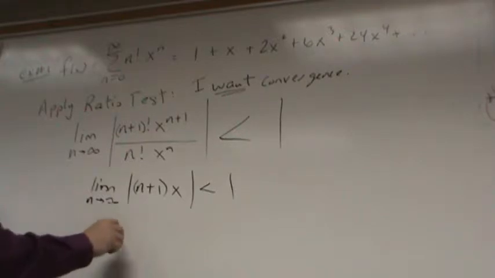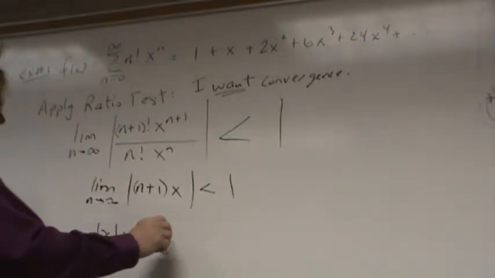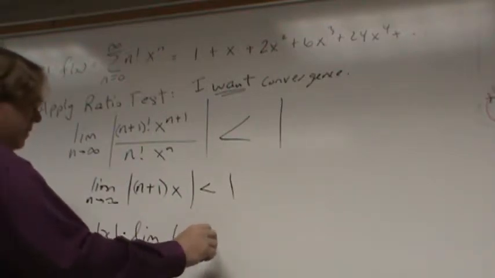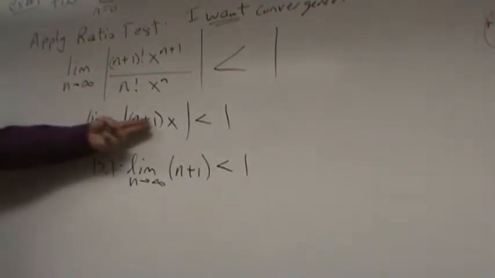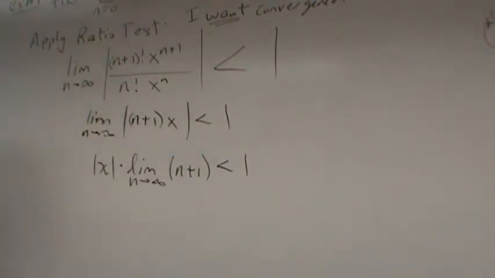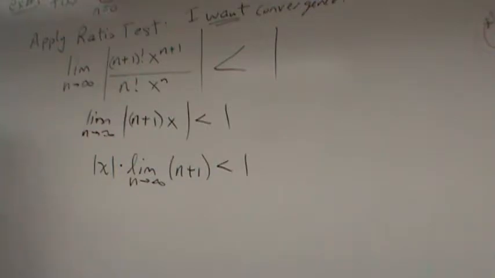So I get the absolute value of x times the limit as n approaches infinity of n plus 1. And I'm going to ask myself what values of x make that true. Or you could leave it like this. Here's the point I want to make. What value of x makes this product less than 1?